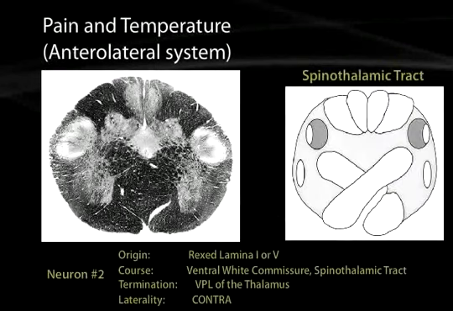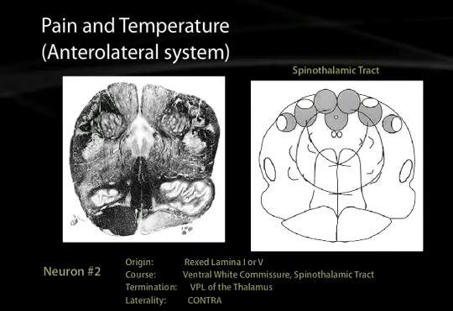So now we go to the caudal medulla, and let's see where this anterolateral system is located. Well, it's pretty much in the same location that you saw it in the cord, antero and lateral. Here it is represented by green. That's the spinothalamic tract, also known as the anterolateral system. We go a little bit more superior, and again, it's in the same location, sort of laterally and somewhat anteriorly.